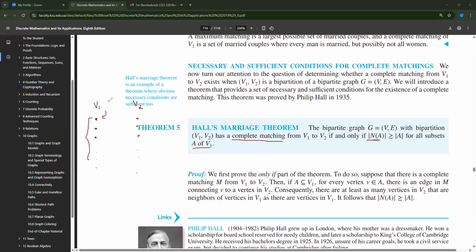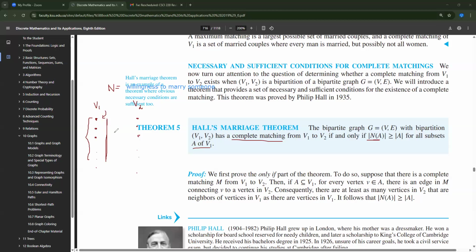So let's call that function willingness. The idea is, regardless of however many men I choose as a subset from V1, the number of women they're willing to marry has to be greater than or equal to the number of men I've chosen.